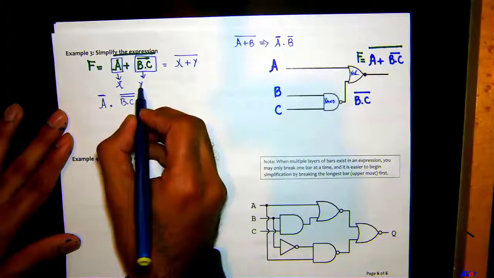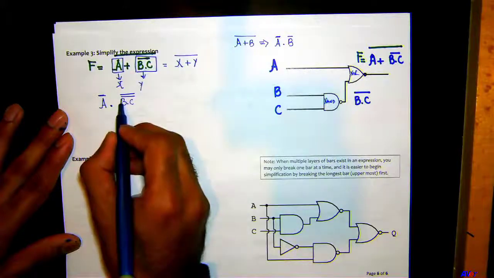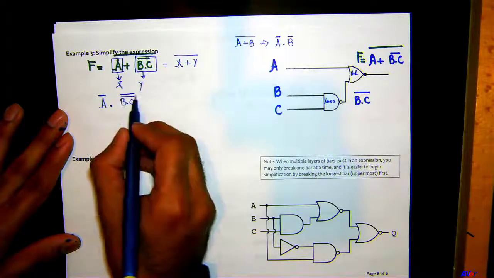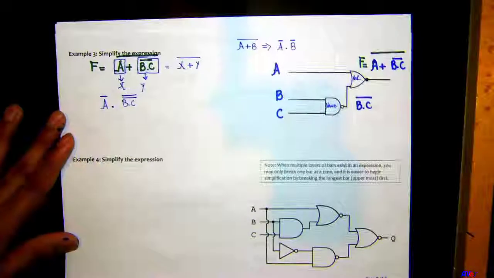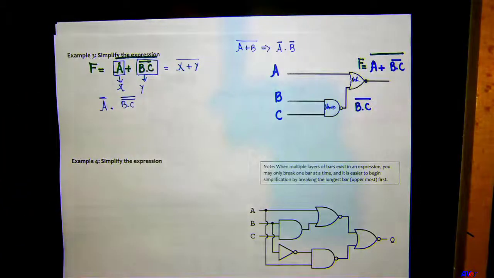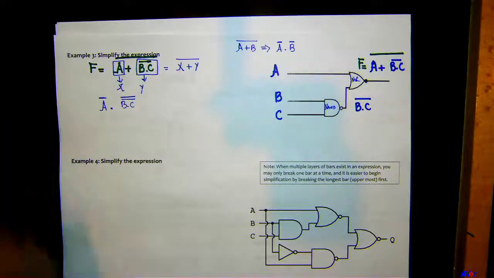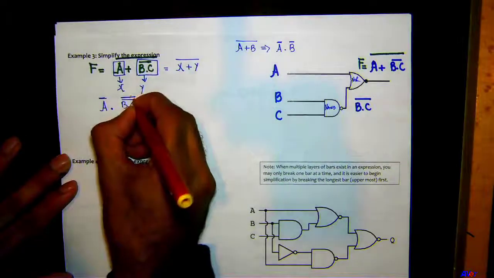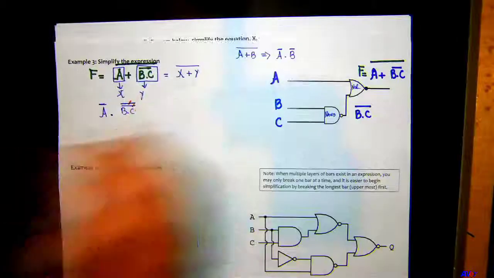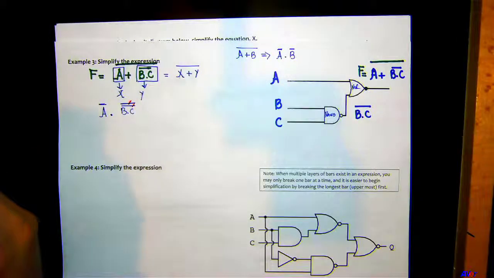Dot Y, Y is B dot C bar, so I type B dot C bar on the whole thing, and then this bar goes here. When you have two bars on a variable, what do you do with that? Yeah, they just cancel out, right? They just cancel out, and it's also one of the properties.